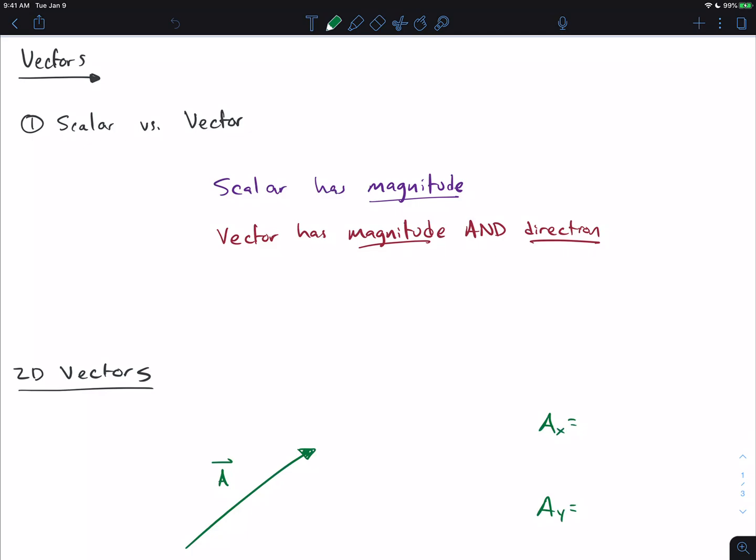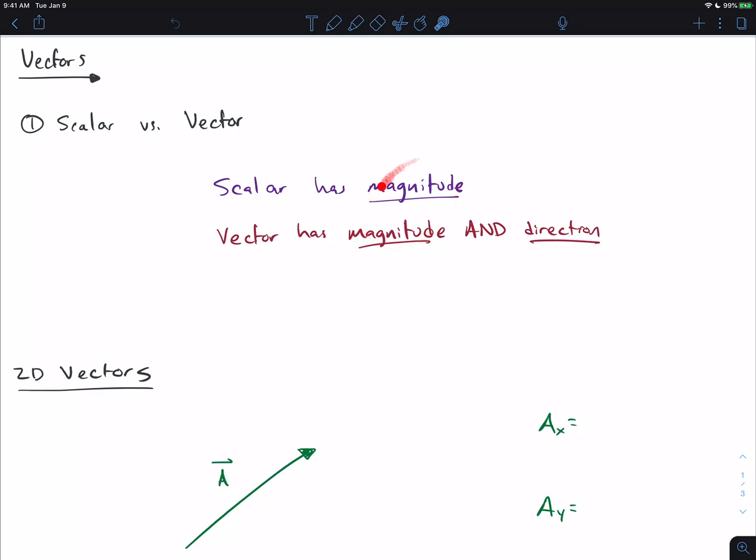So pretty much for anything in physics, we have two types of values. We have scalar values and we have vector values. I'm going to use some vocabulary that you may not be familiar with, so try to be comfortable with the words I use so they don't trip you up later on.